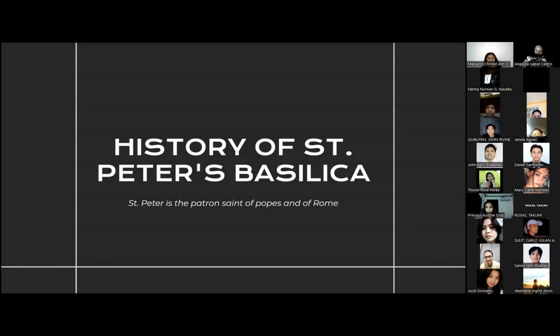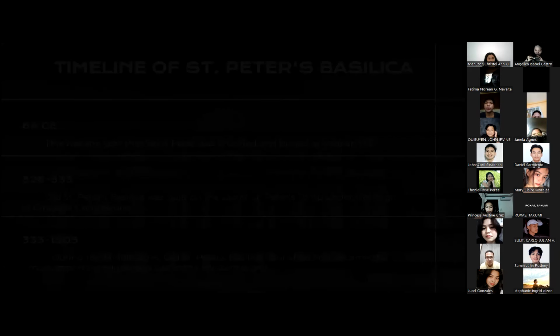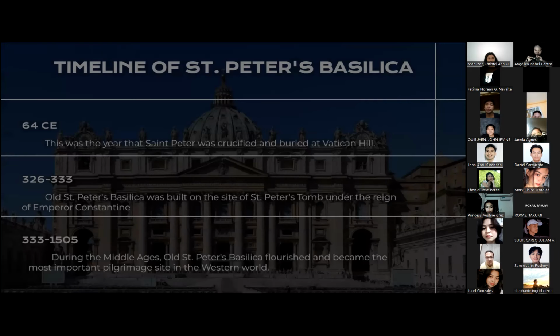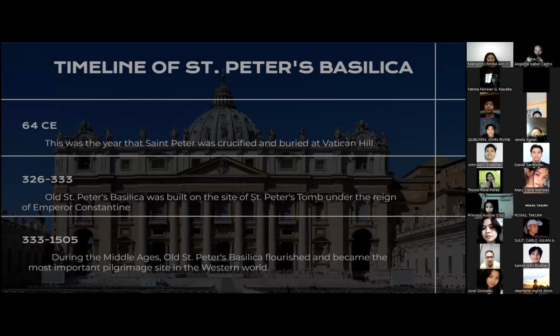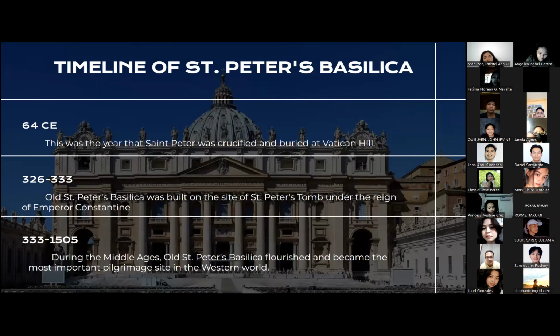History of St. Peter's Basilica. Next. So, as you can see, this is the timeline of St. Peter's Basilica. 64 CE or Common Era, this was the year that St. Peter was crucified and buried at Vatican Hill.